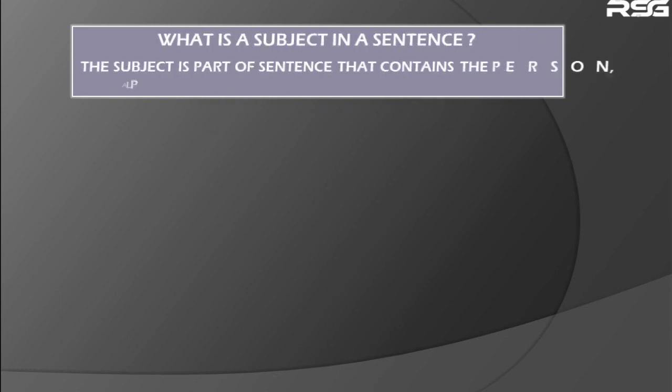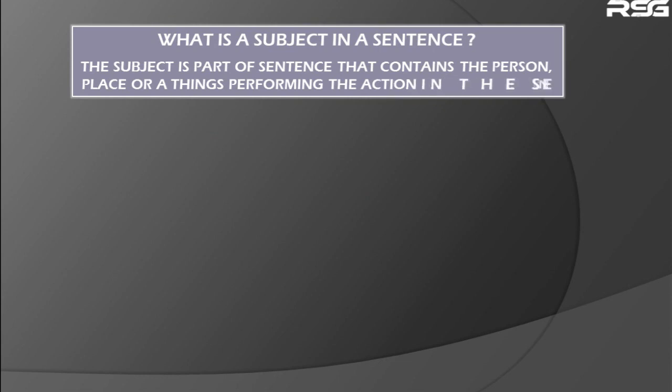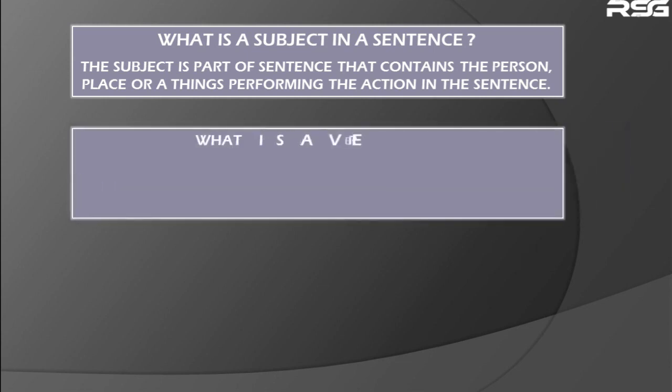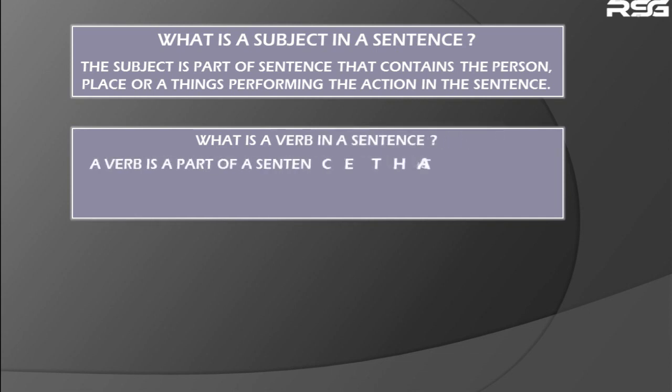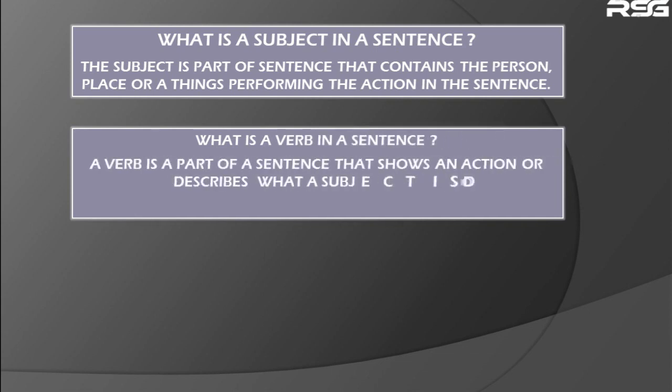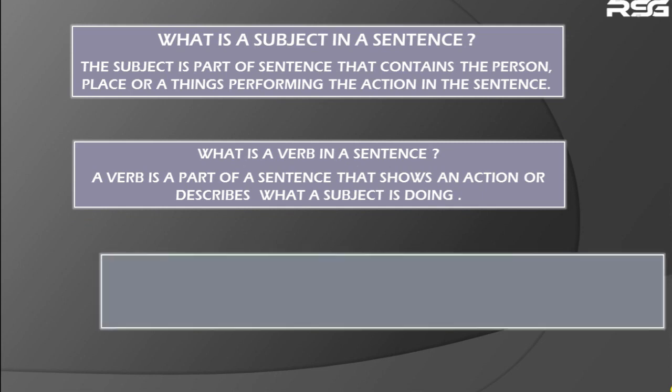What is a subject in the sentence? A subject is a part of a sentence that contains a person, place, or a thing performing the action in the sentence. And what is a verb in the sentence then? Well, a verb is a part of a sentence that shows an action or describes what the subject is doing. Then what is subject-verb agreement?